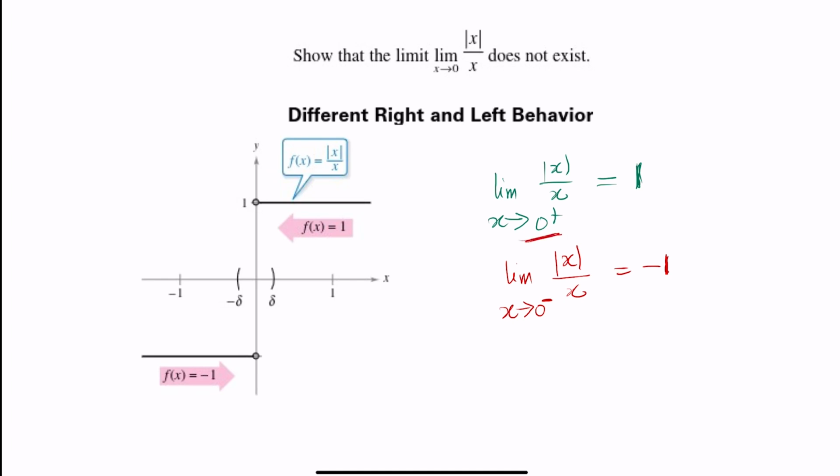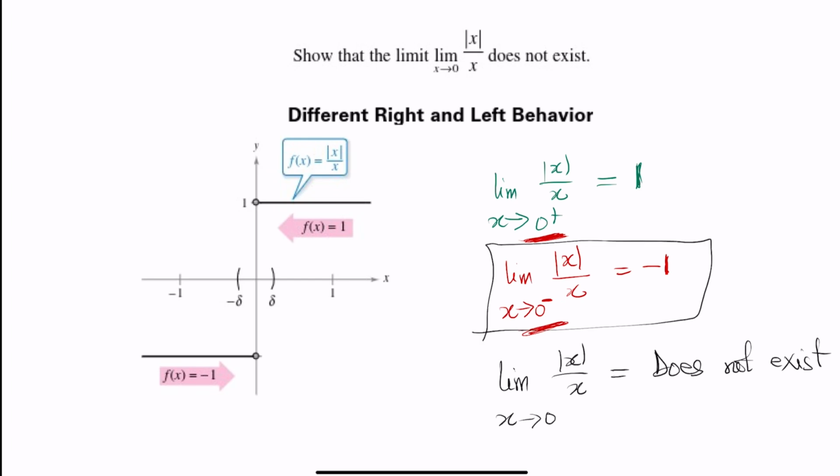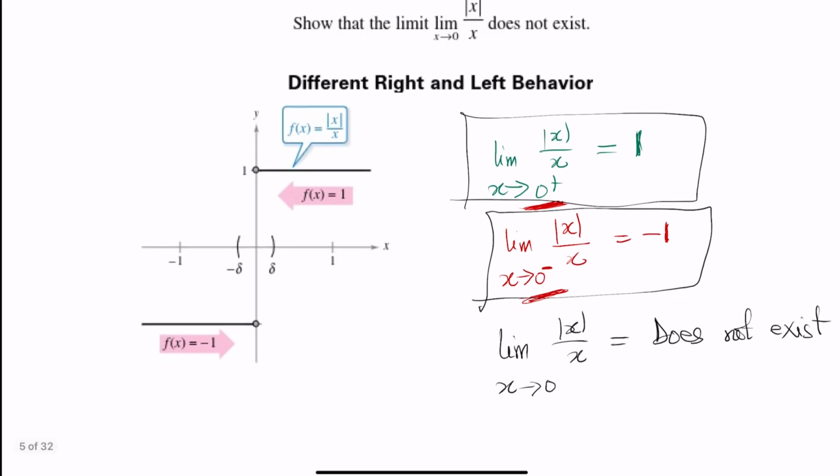The left-sided limit and the right-sided limit are not the same. So because they are not the same, we say that the limit of absolute value of x over x as x approaches 0 does not exist. Why? Because the left-hand sided limit is not the same as the right-hand sided limit. Therefore, the limit does not exist.